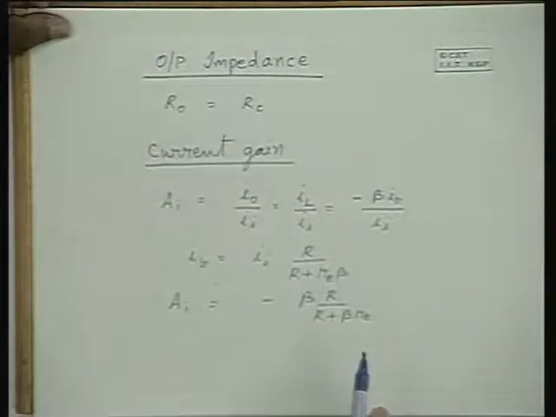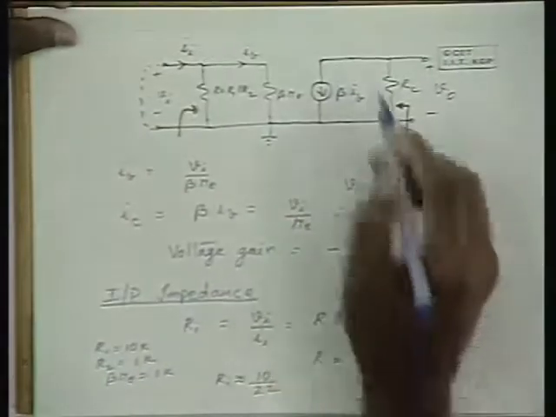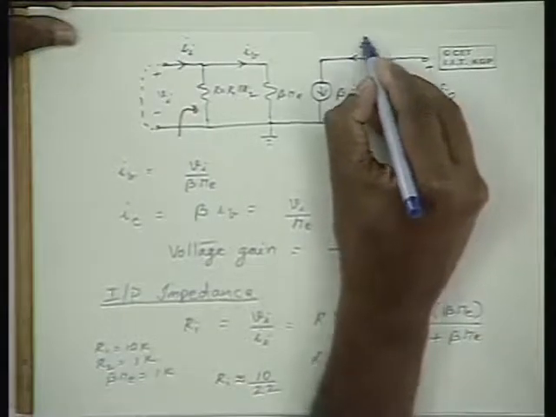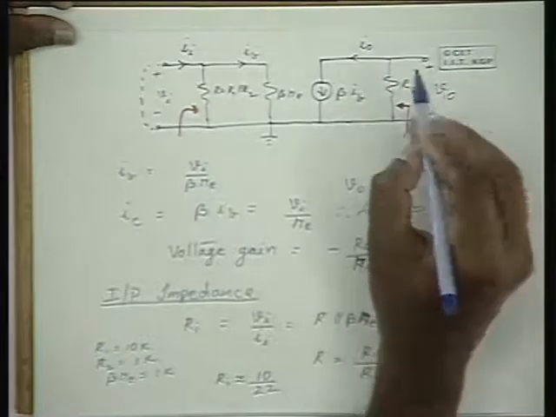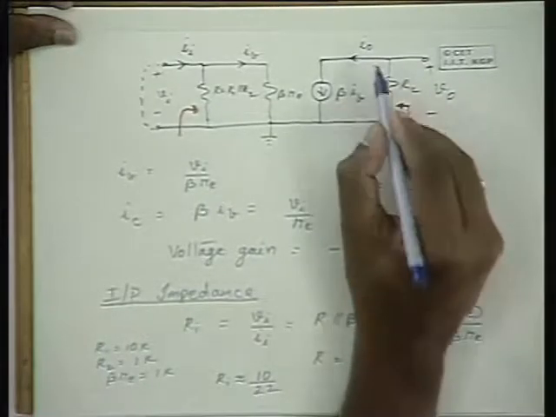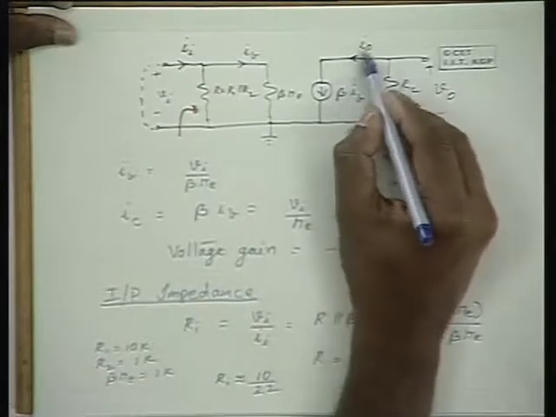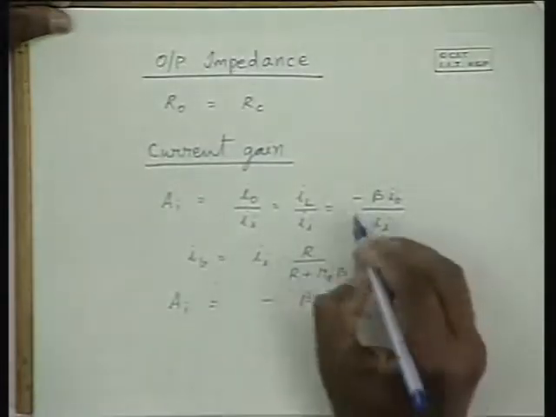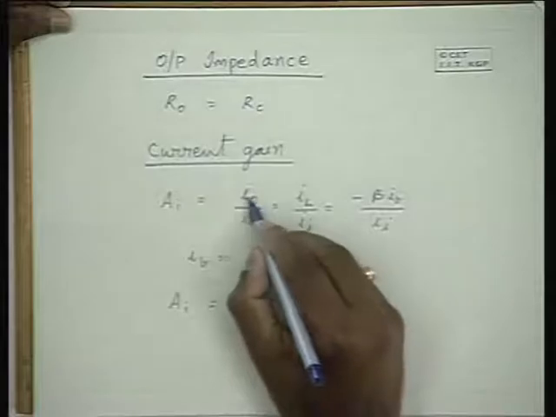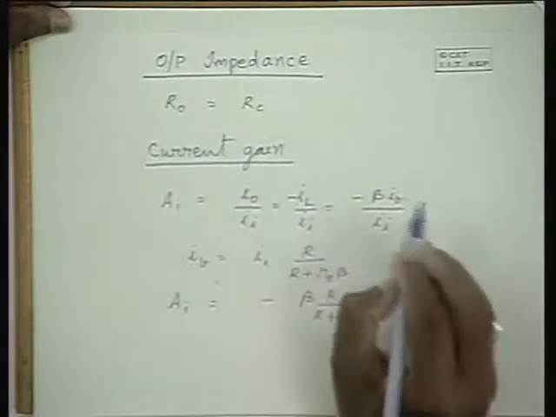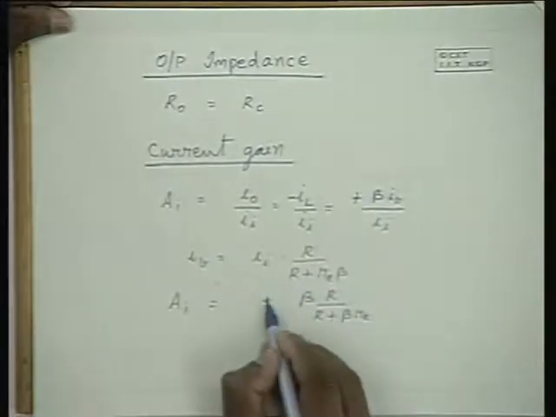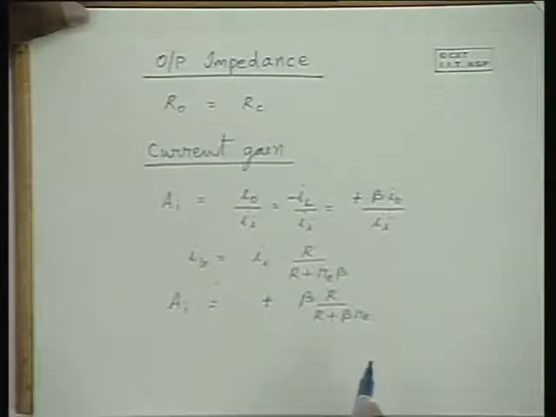And in some books we follow a notation where the output current is defined as the current going into the node. If you follow that notation, wherein the current going inside is the output current, then the expression for the current gain would be I naught by II, that is equal to minus IL by II, that is equal to plus beta IB by II, in which case the current gain is beta R by R plus beta RE.